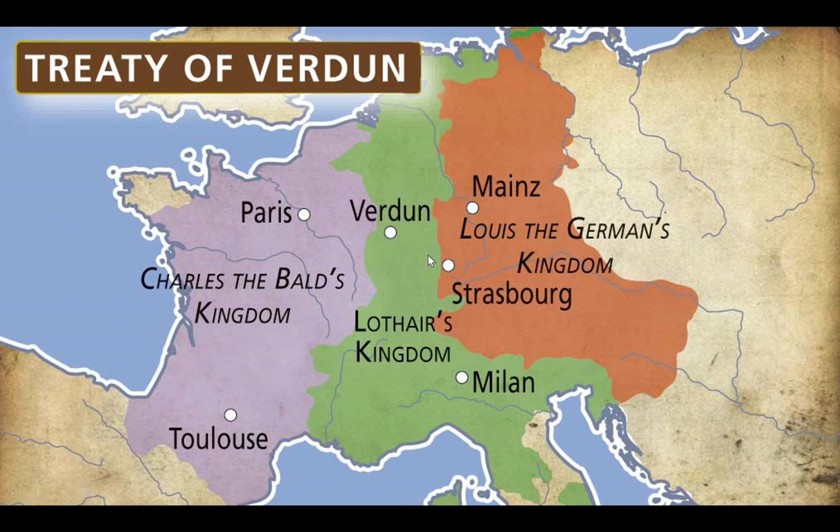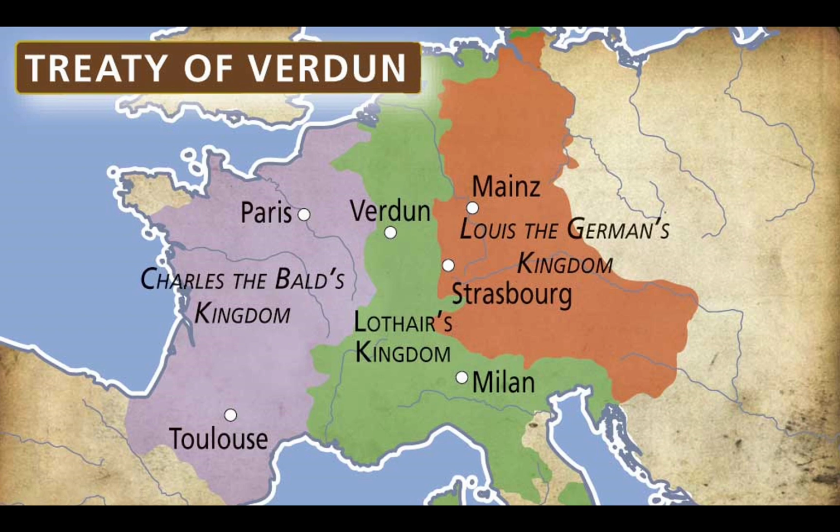So the worst part was Lothair's kingdom, because he was in the middle of two contenders. So eventually Louis the German and Charles the Bald absorbed Lothair's kingdom, and they formed their big kingdoms. Charles the Bald's kingdom became what today is France, and Louis the German's kingdom became what today we know as Germany.